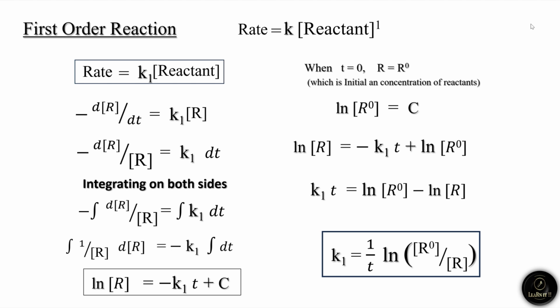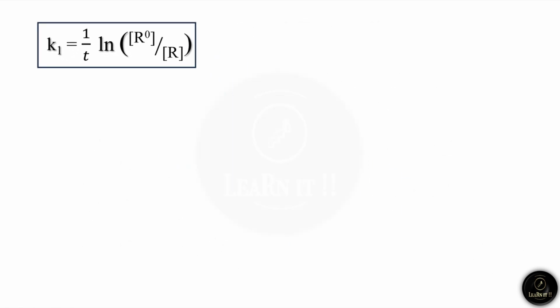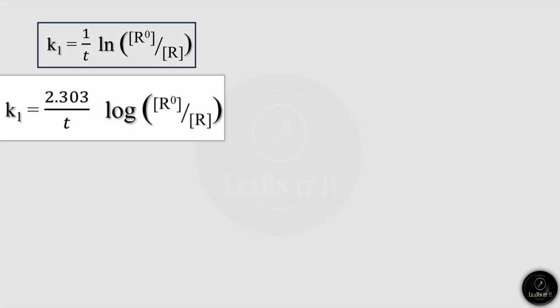Let's discuss this integrated rate equation for a first order reaction further. We take K1 is equal to 1 by T ln of [R]naught divided by [R]. If we remove the ln and want log, then we need to multiply by 2.303.